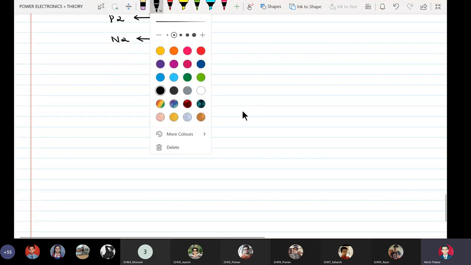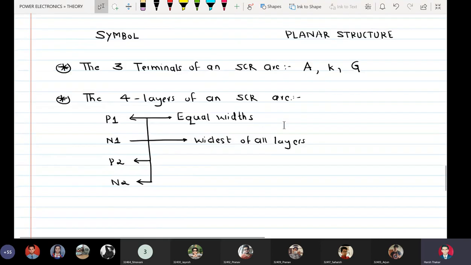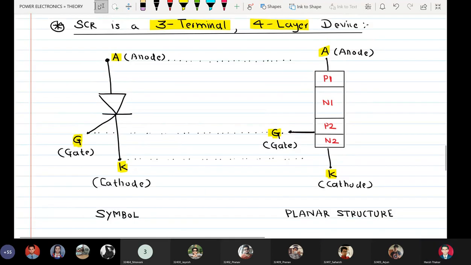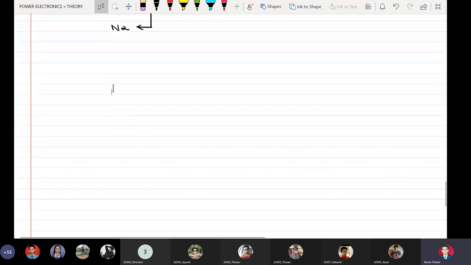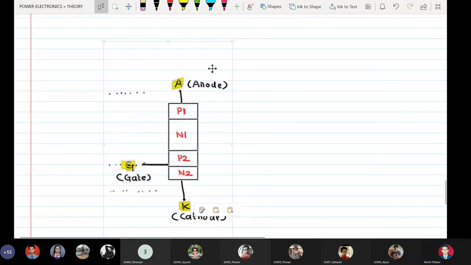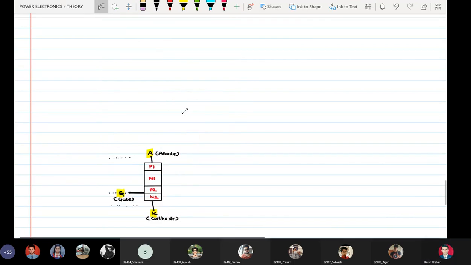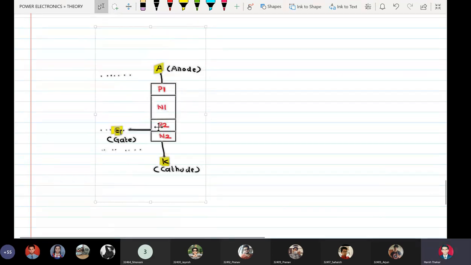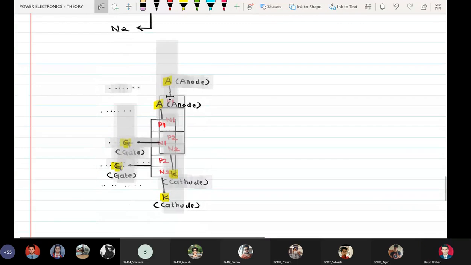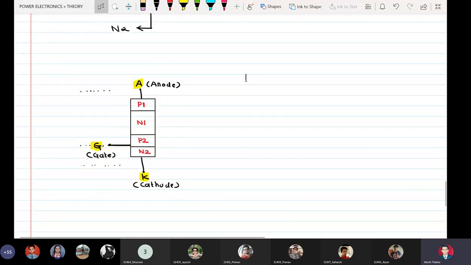I copy this particular device and rotate this whole planar structure in the anti-clockwise direction by 90 degrees.